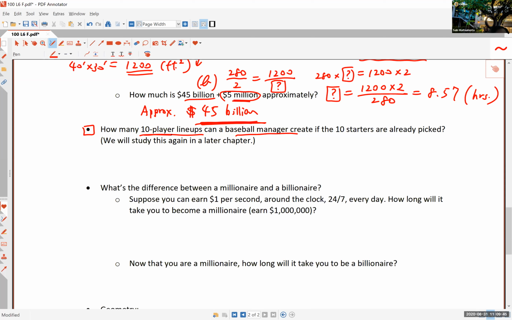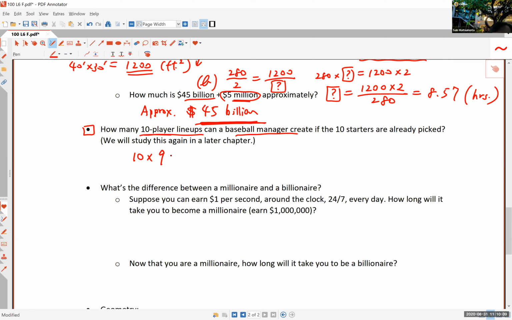It turns out, again, you will study this later. You don't really have to understand everything here. But for the first name on the list, you have 10 choices. Once you choose one of those 10 players, you have 9 people left for the second place, the 2-hole, or the second in the lineup.